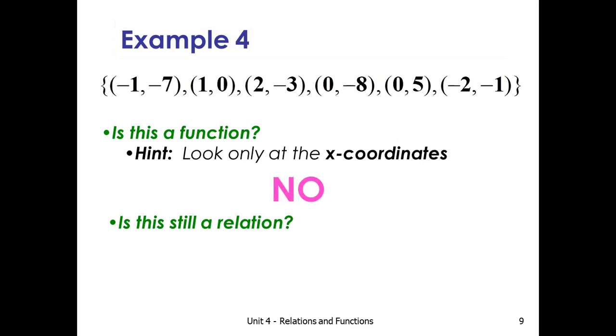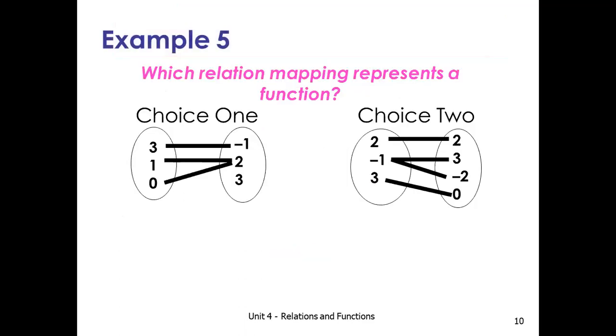So it is not a function because it has repeating x coordinate values, namely 0, 0. Is this still a relation? Yes, of course.